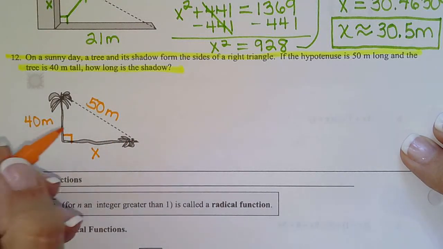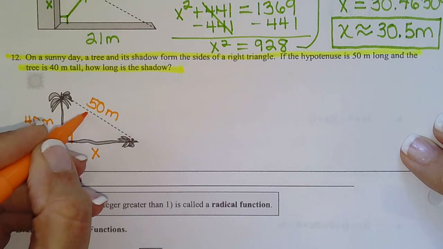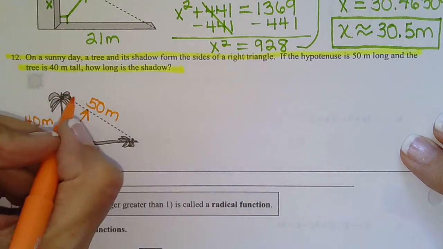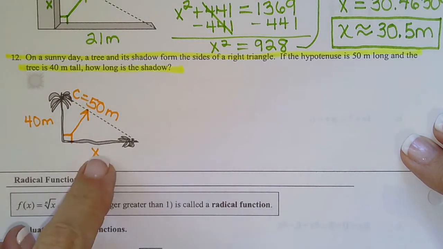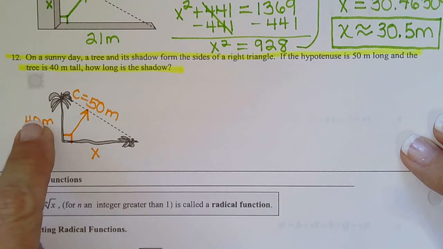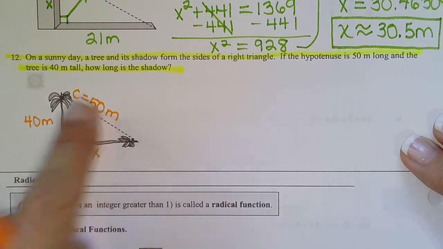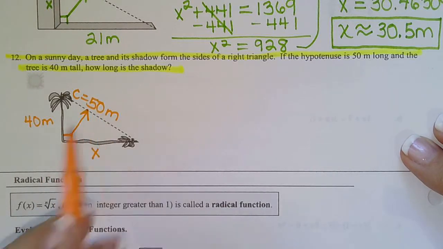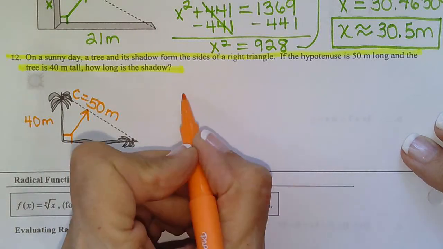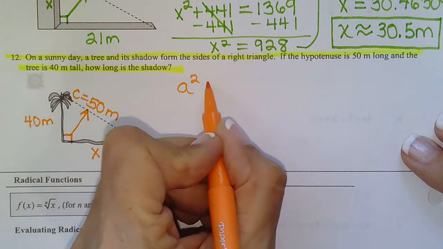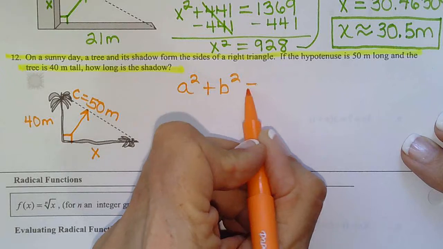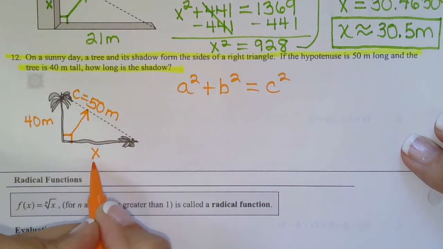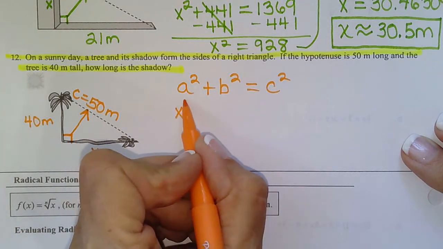X. So then we need to figure out what C is. So C is 50. It doesn't matter whether we call this A and this B or this A and this B, but C has to be 50. It's always the longest side, and it's always the side opposite the right angle. So I'm going to do A squared plus B squared equals C squared. I'll call this one A. I like having my X first.